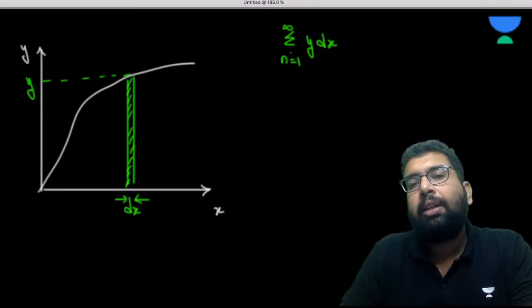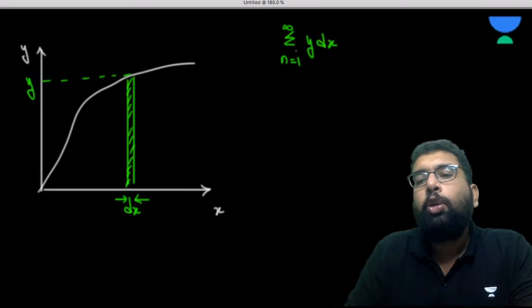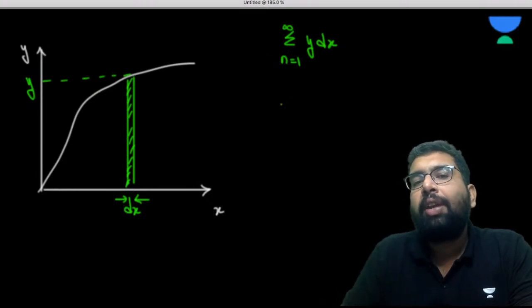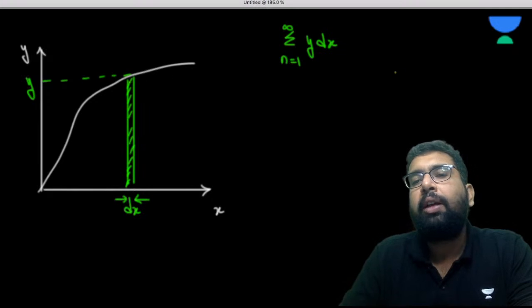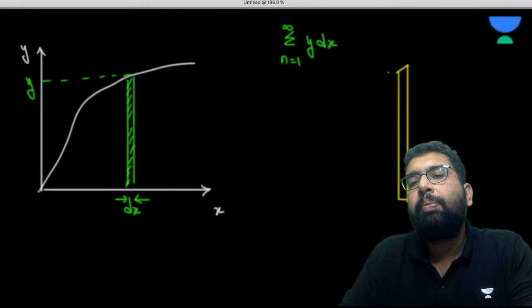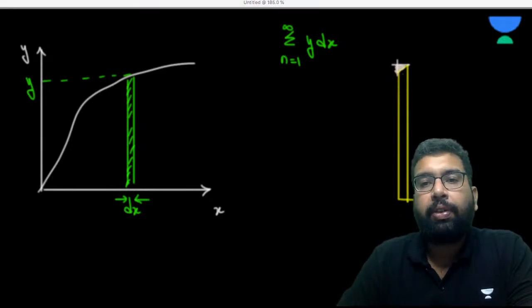So sir, we must be using the summation sign, no? We are not using this sign. Why are we not using it? Because if you see each strip minutely, this is the very basic thing I'm telling you, this is the area, which I'm darkening now.